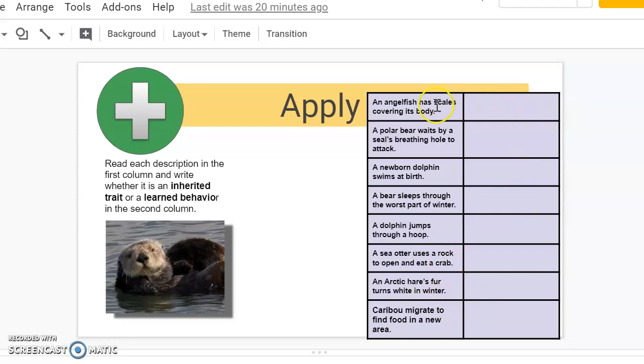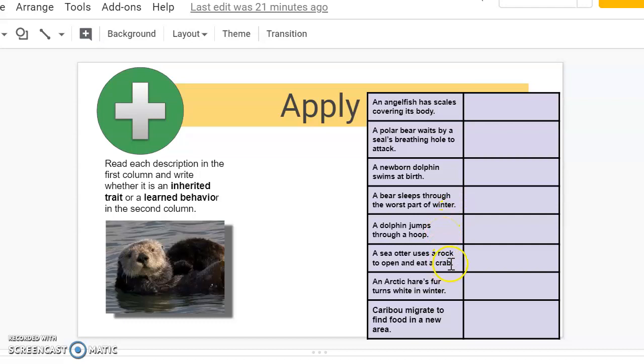An angelfish has scales covering up its body. A polar bear waits by a seal's breathing hole to attack. A newborn dolphin swims at birth. A bear sleeps through the worst part of winter. A dolphin jumps through a hoop.